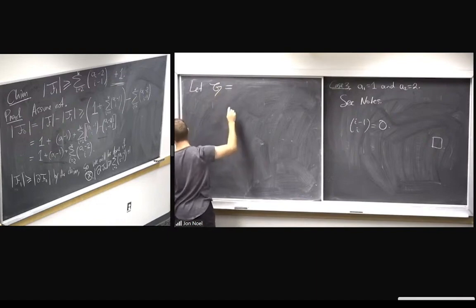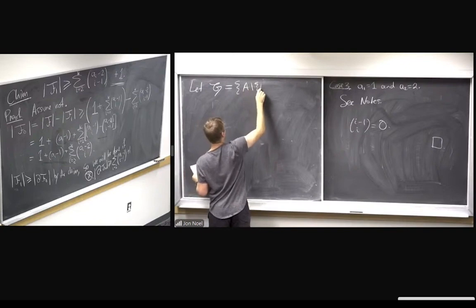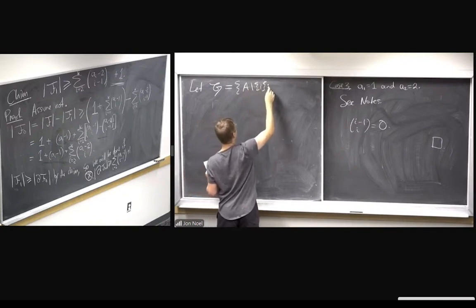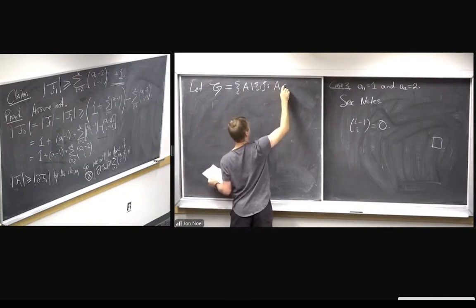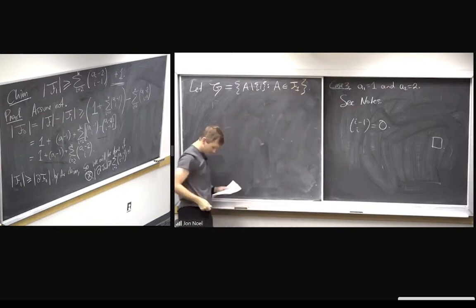We're going to define a family G, which is the set of all sets I get by deleting one from a set in F1. Remember, F1 is the sets that have one in them.